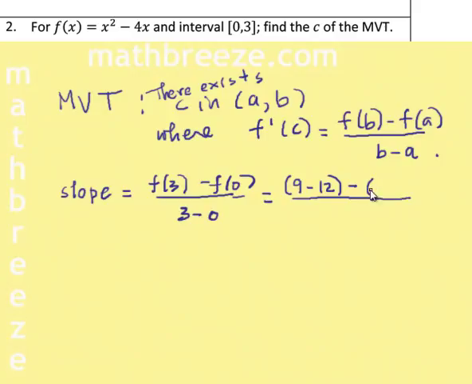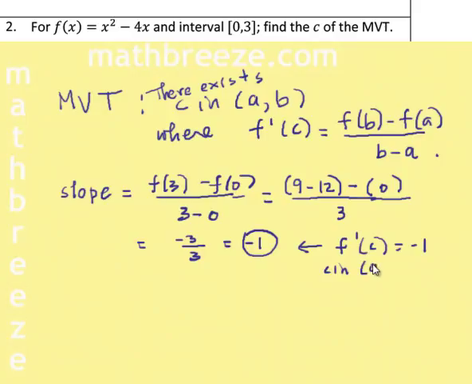Now let's look at f(0), and we have 0 - 0, over 3 - 0. So for the slope, we have -3 over 3, or a slope of -1. So we want to find c such that f'(c) is equal to -1, and c in the interval (0, 3).